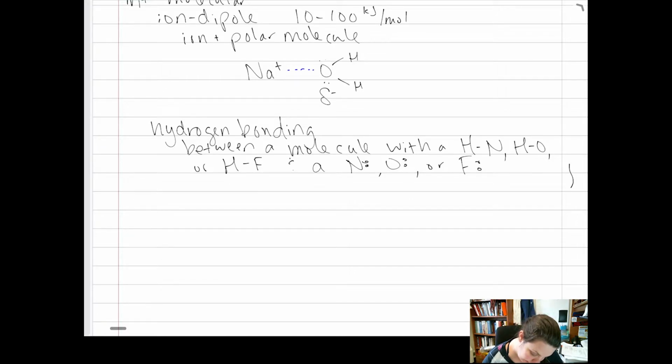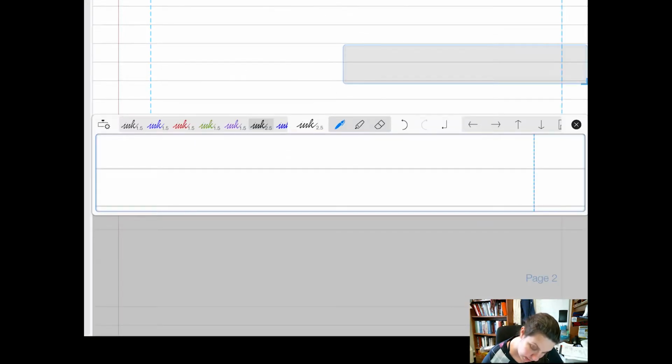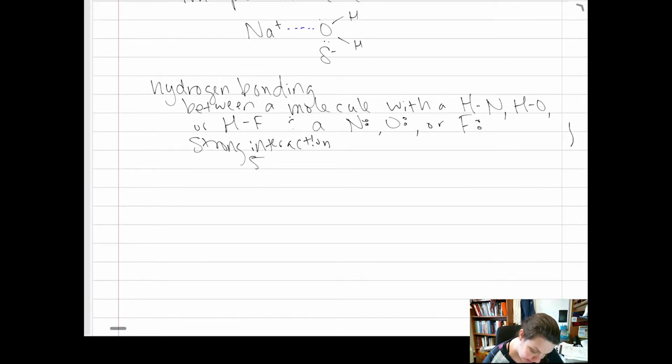It's a strong interaction. It varies quite a lot, but probably somewhere between 5 and 80 kilojoules per mole. The next thing we have that's a little bit weaker is dipole-dipole interactions. This is between two polar molecules.